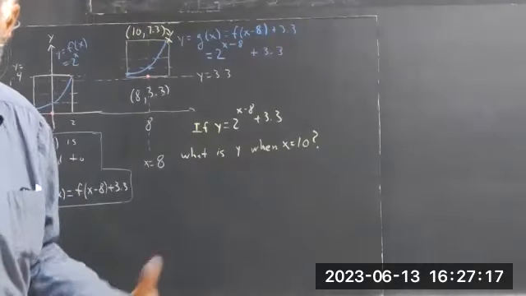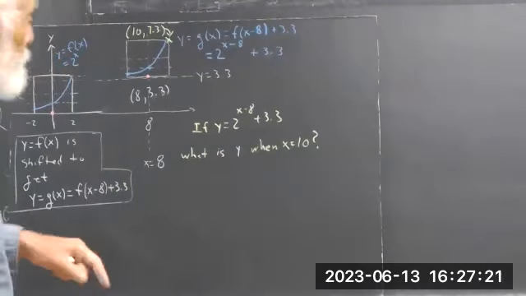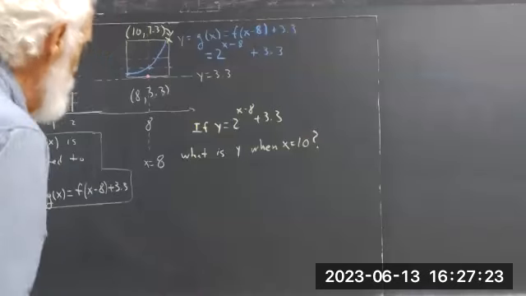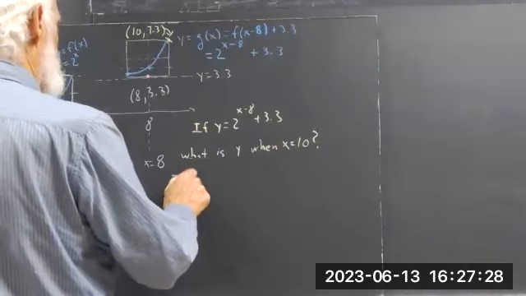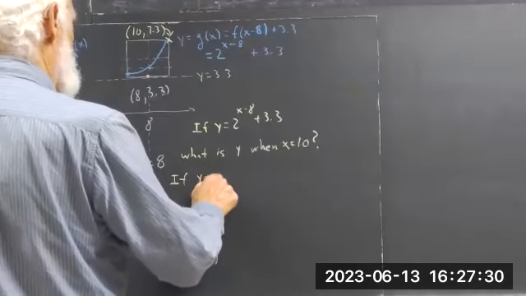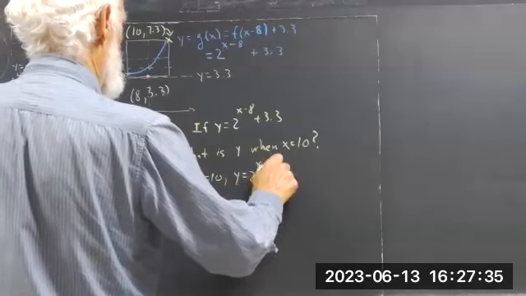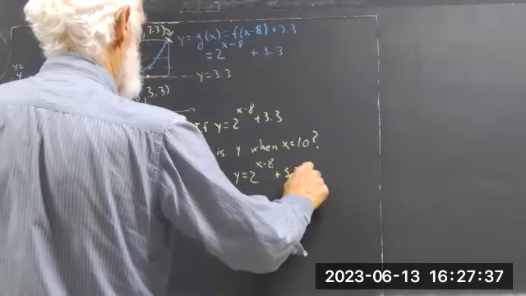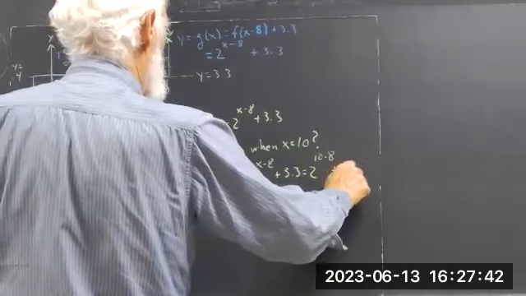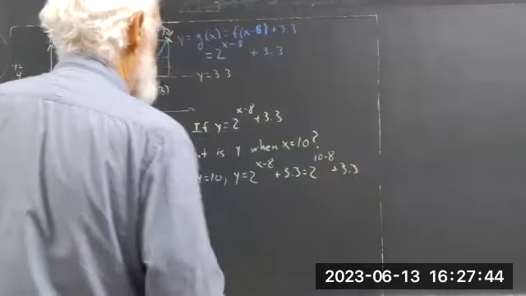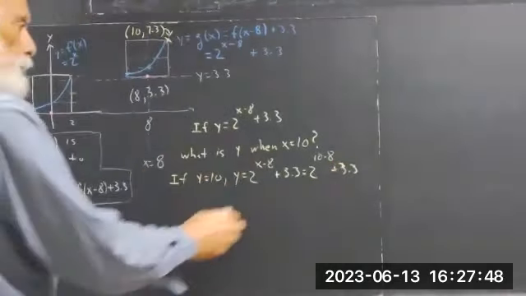And that should be totally clear to you. And if not, you want to give it some serious thought. Okay. So what is y when x equals 10? Well, I think you can read it.